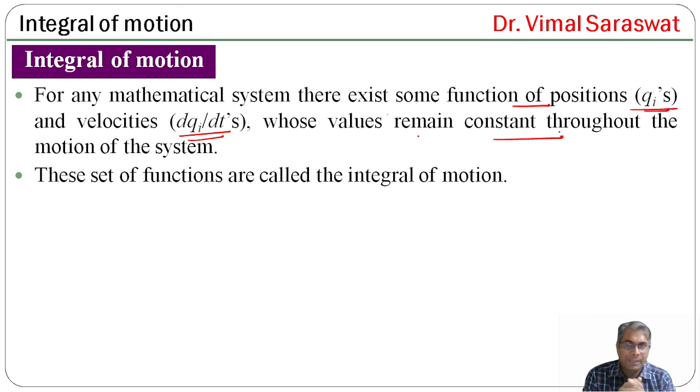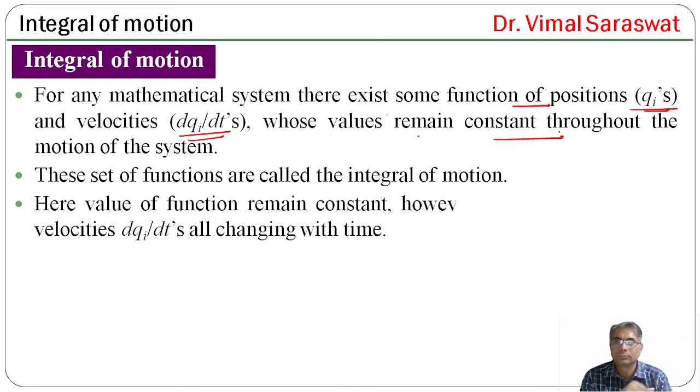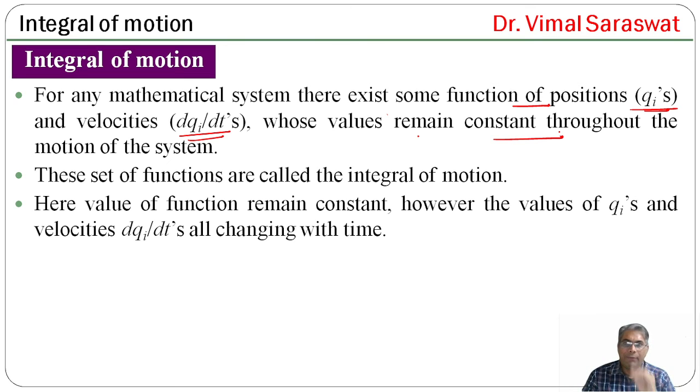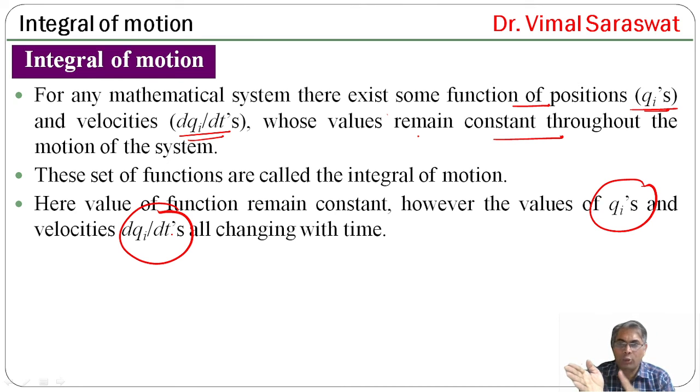This set of functions is called the integral of motion. Here, the value of the function remains constant. However, the values of Qi's and velocities, dqi upon dt's, are all changing with time.